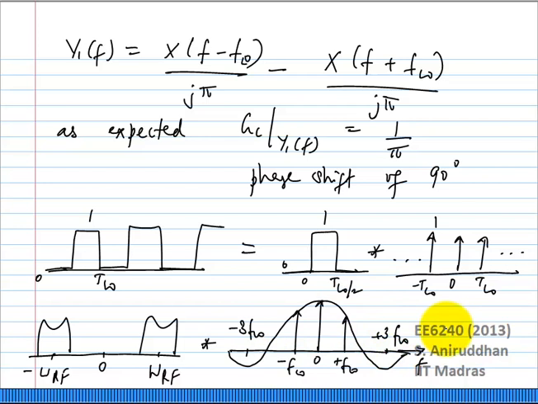Remember that because the pulse is from 0 to T LO by 2, the sinc zero crossings will be at 2 F LO. And this is what gives you your IF spectrum, with a 1 over pi kind of conversion gain.